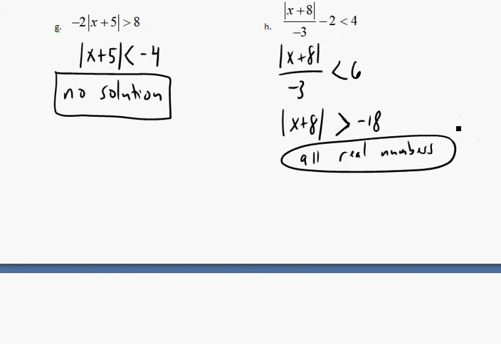You can pick whatever x you want. If you put it inside of this absolute value, when you take the absolute value, it has to be at least 0 or positive, which means it must be greater than negative 18. So if we were to graph our solutions in part H, we would have to graph the entire number line, whereas in G, we would not graph anything on the number line.